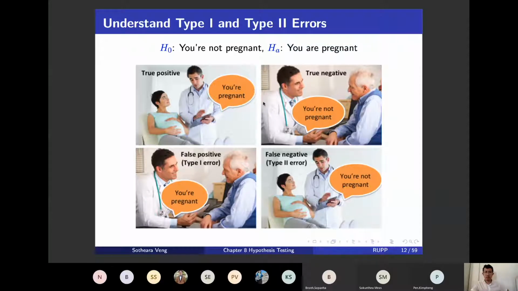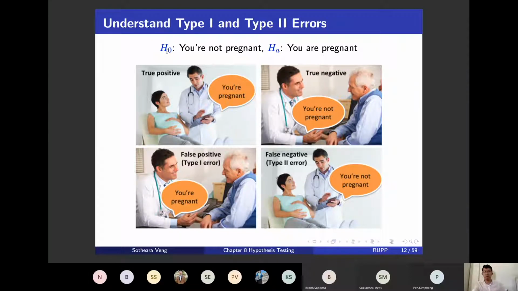So as you can see, we have two kinds of error. The type 1 error is that you reject the null hypothesis while it is true. It means that in reality, H0 is true, but based on your data collected, you conclude that H0 is not true, or you reject it.